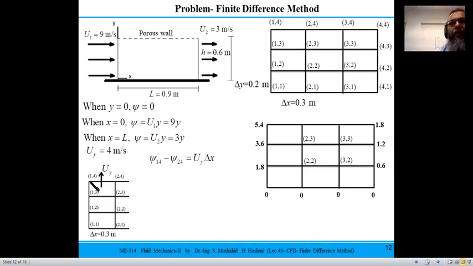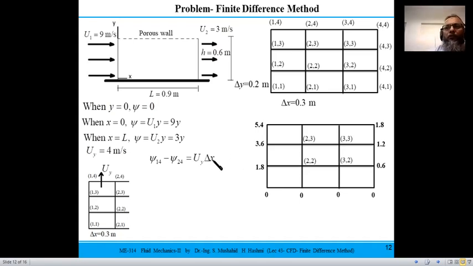So if I have 1 comma 4 and I have 2 comma 4, the change in the value of the stream function is nothing but the volume flow rate. Volume flow rate, because one of the dimensions is unity, so the change in the value of the stream function is actually equal to the volume flow rate, which would be meter per second into meter into 1 meter, then it would be meter cube per second actually.